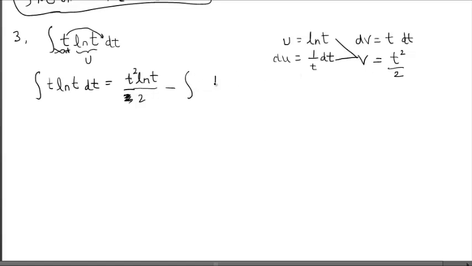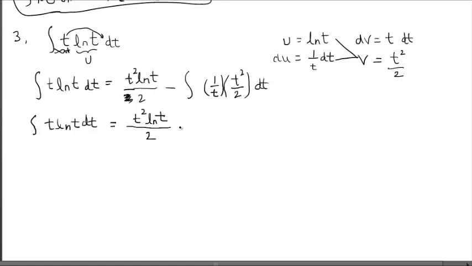Okay, well, look at what we have here. We're going to have a product. We can clean this up before we integrate. We have dt. Don't forget that part right here. Okay, let's do a little algebra here. This is going to be minus the integral of, what is this, a half t dt.